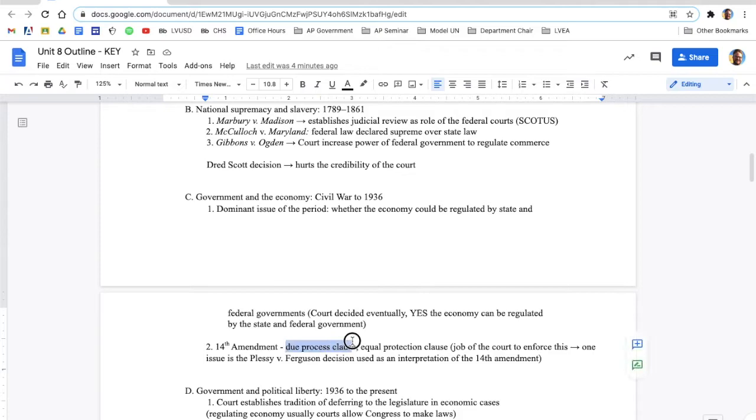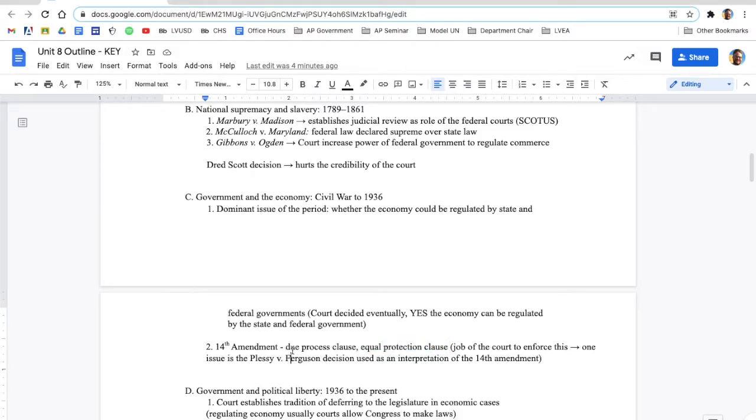Due process clause, and then also the equal protection clause. And so now the job of the courts is to decide how they're going to enforce it. Equal protection clause, the court originally said, okay, you can segregate as long as things are separate but equal. That was their original interpretation of the 14th Amendment. Now we know that changes. But just to make an example of something new for the courts to interpret, a new amendment here.